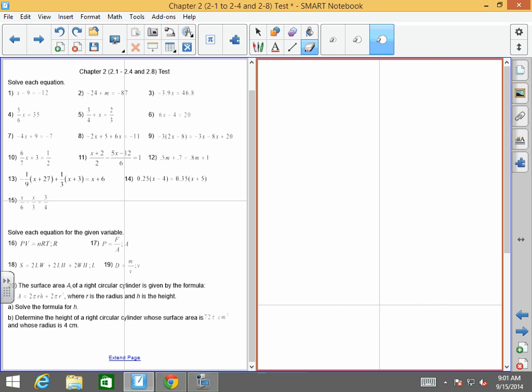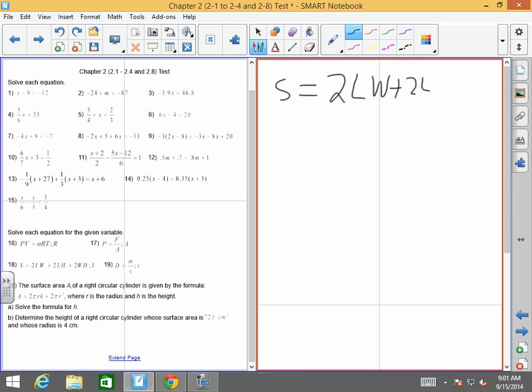Okay, 18. This one came directly from your review. This was a review question. I just made you solve for a different letter. S equals 2LW plus 2LH plus 2WH. I want to solve for L. So the first thing I'm going to do is subtract the 2WH to both sides.